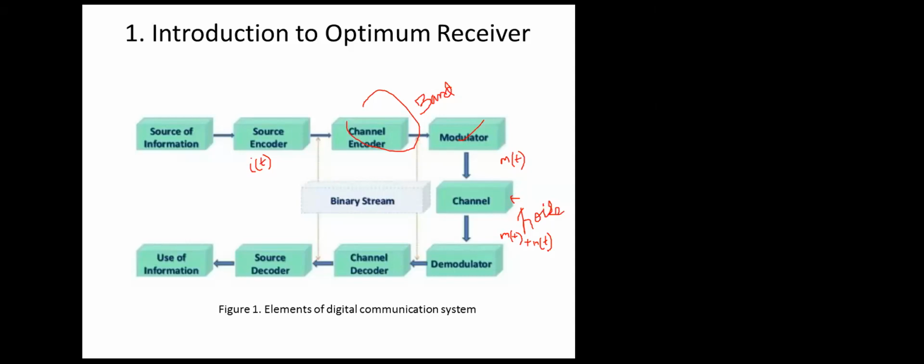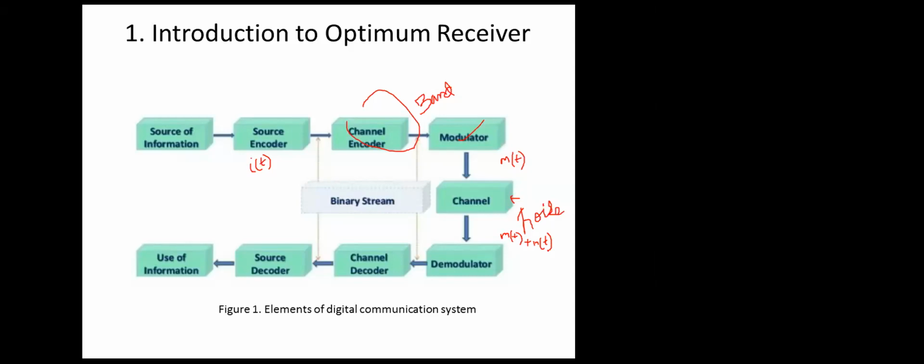When this noise is associated with the message signal, we are unable to retrieve the complete information. It becomes slightly difficult to retrieve the information. So to overcome this difficulty, we try to remove the noise. Yes or no?